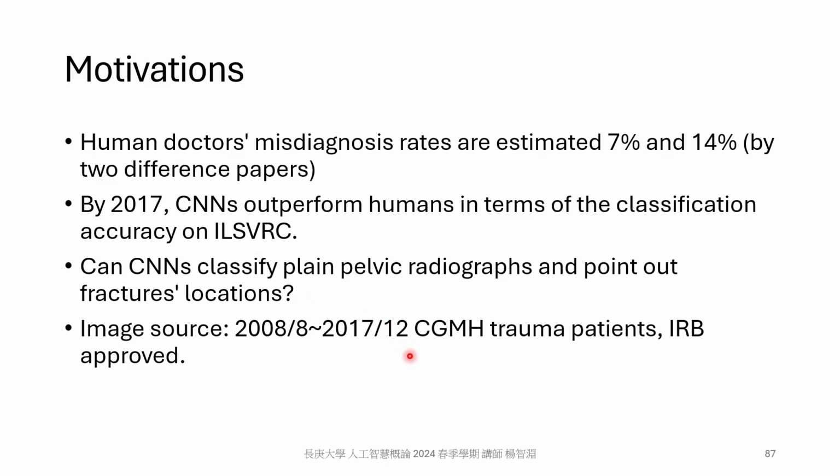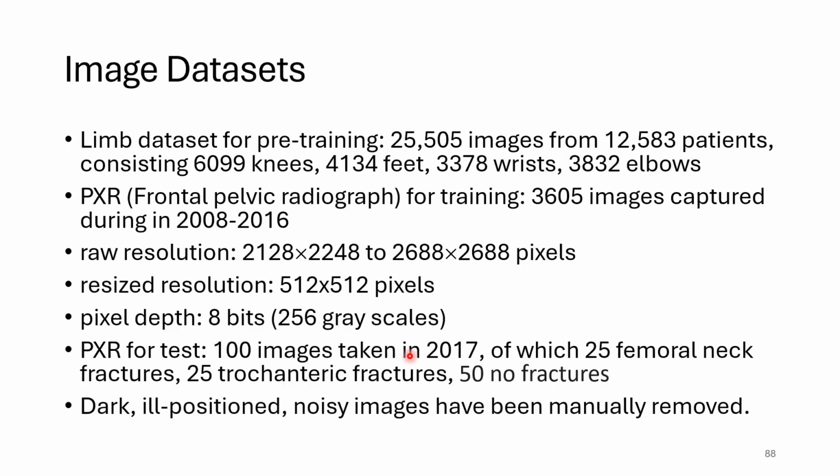Let's take a look first at their data sets. What they want to classify is frontal pelvic X-ray images, and they only have 3,600, which is not sufficient. So how do they do it?